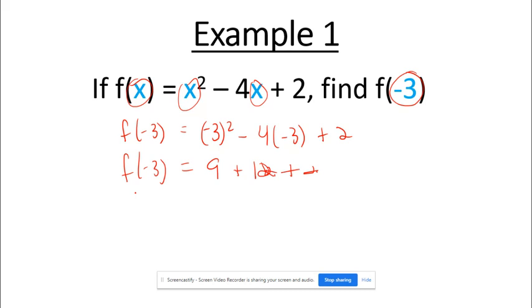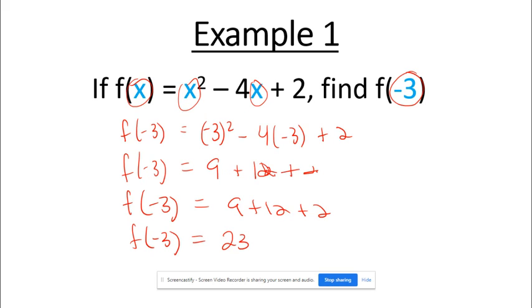So f of negative 3 is then 9 plus 12 plus 2. 9 and 12 is 21, plus 2 more is 23. Okay, so if it asks you to find f of a number, you're just plugging it in for x.